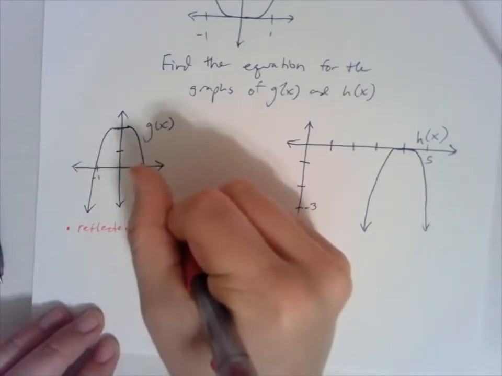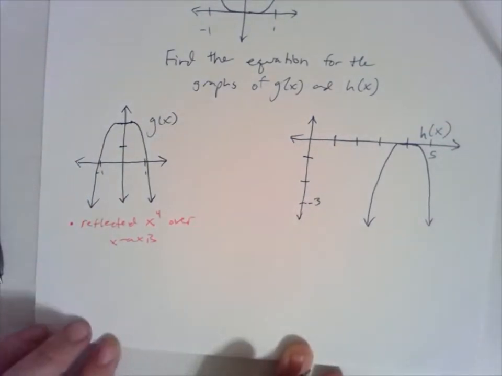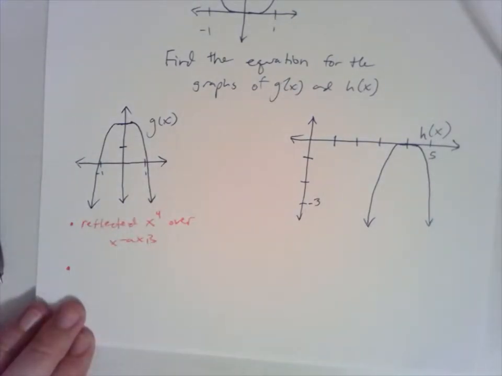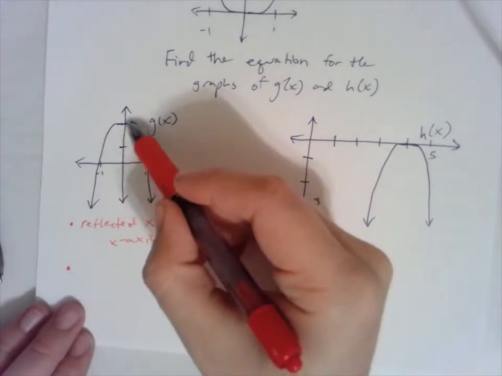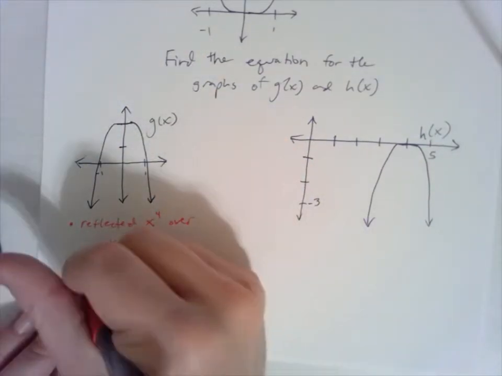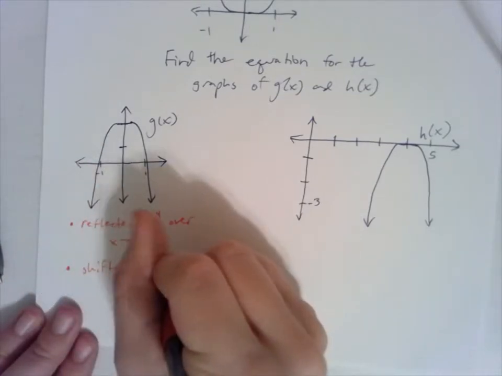And we can tell that because now it's facing down instead of up. We can also tell that this shifted up 2 units. It's no longer touching at the origin, it's touching at y equals 2. So we can say shifted up 2.